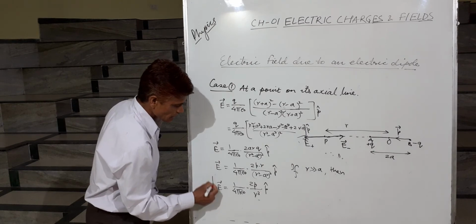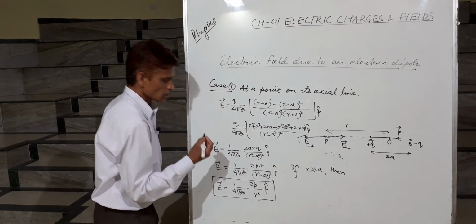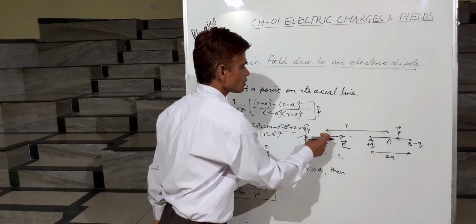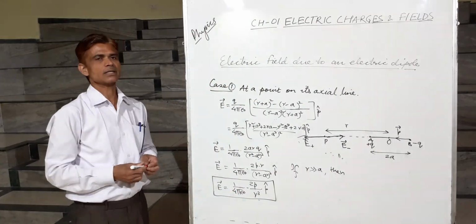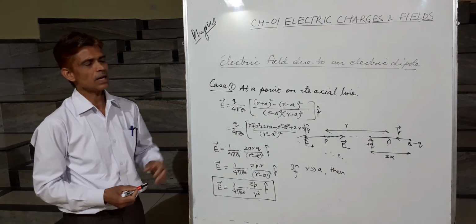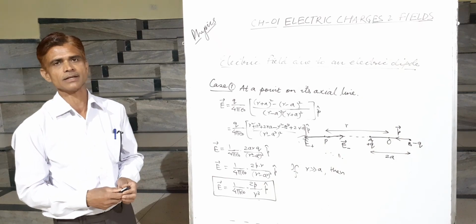So this is the electric field due to an electric dipole at a point on its axial line. Now in the next video we will calculate the electric field due to the same electric dipole at a point on its equatorial line. Thank you.